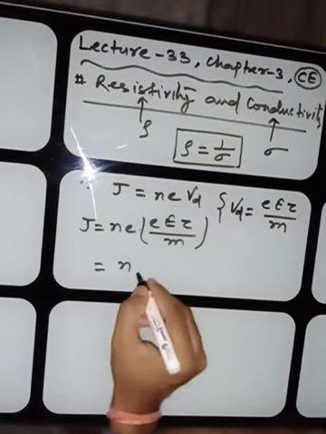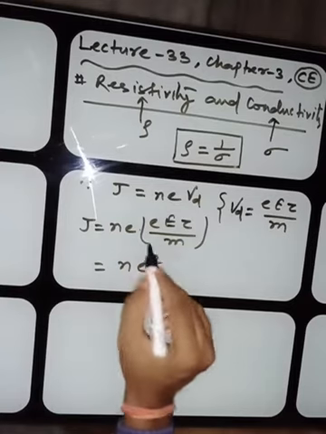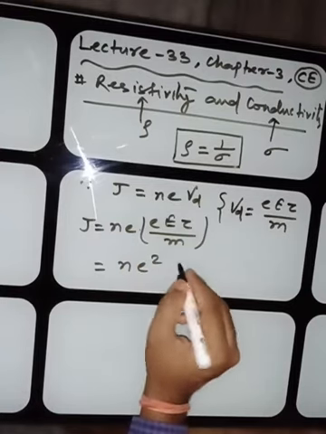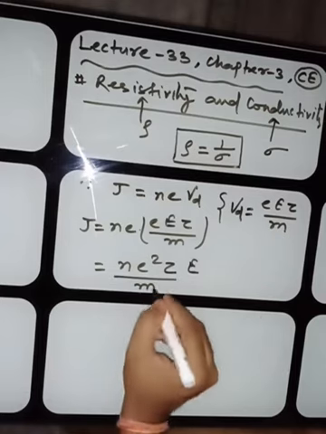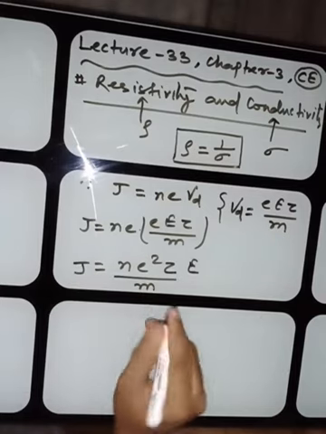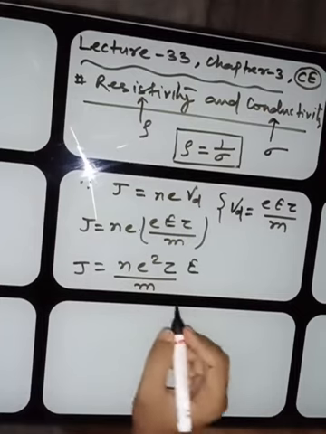So it is n e square tau E by m. This is the current density. Now look here carefully.